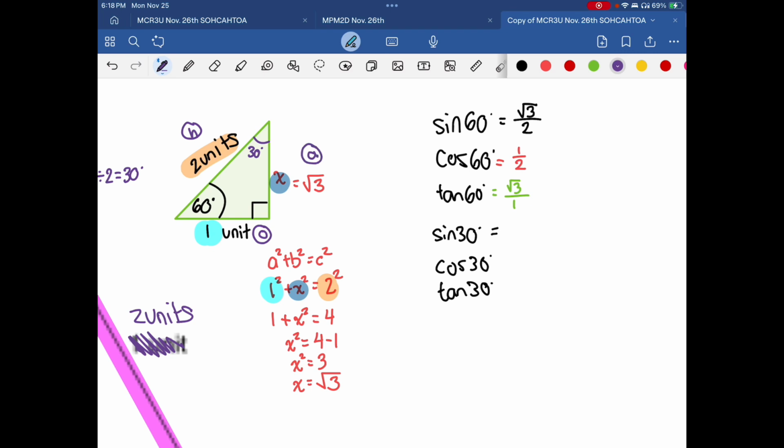Same thing again. Opposite, in this case, is 1 over 2. Cos 30, adjacent is root 3 over hypotenuse, which is 2. And the last one, tan 30 degrees, opposite, 1 over root 3.